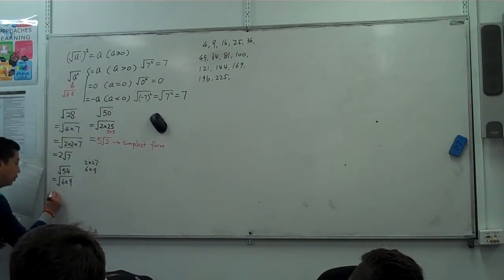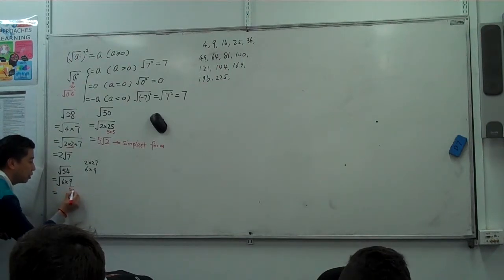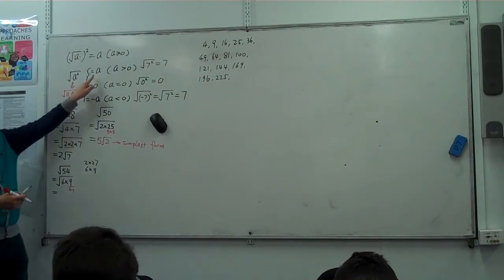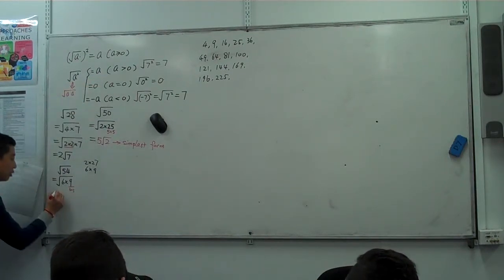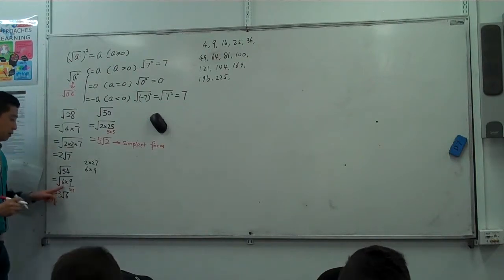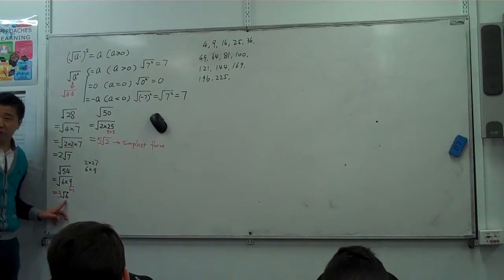So we can write 9 means 3 times 3. According to square root 3 times 3 equals 3, I can write 3 outside. And then don't forget square root 6. Can we continue to do square root 6?